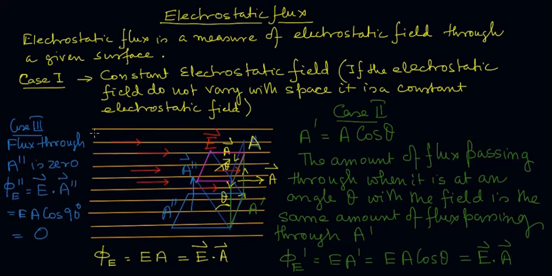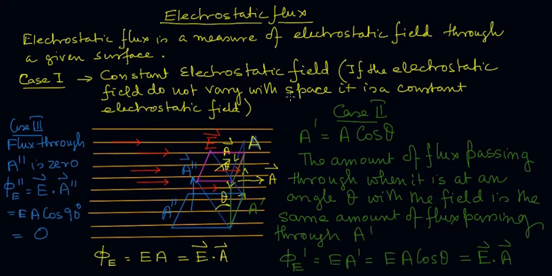So the first case is it is at a general angle, and the second case is it is at an angle theta, and the third case is it is completely flat, or the area vector is perpendicular to the field.